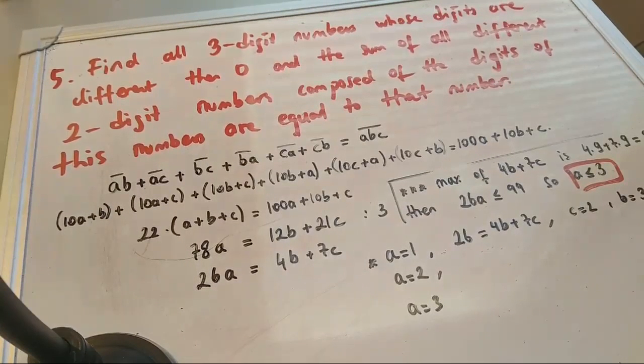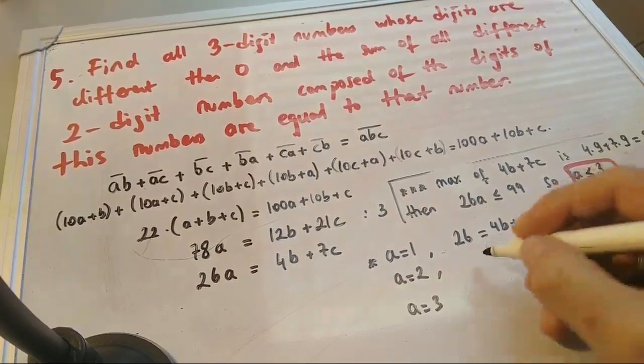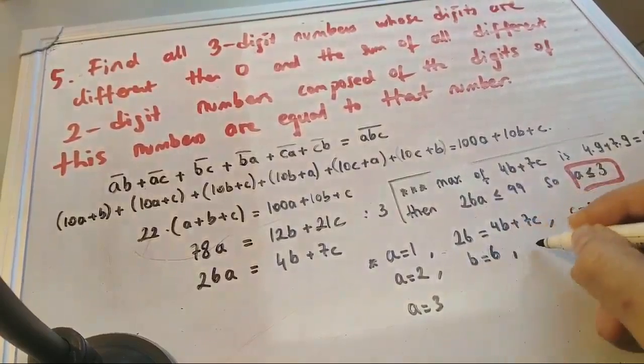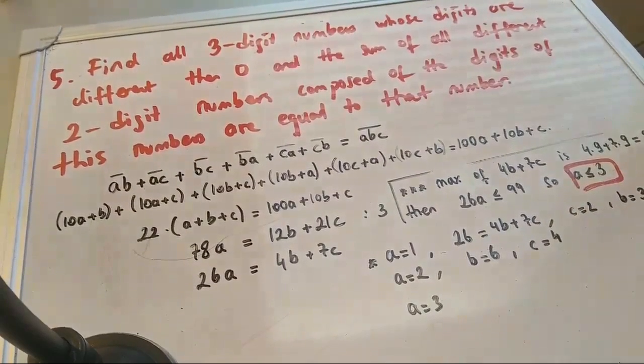For A is 2, B is 6, C is 4. Thank you very much. For A is 3, also tell me both B and C. B is 9 and C is 6.